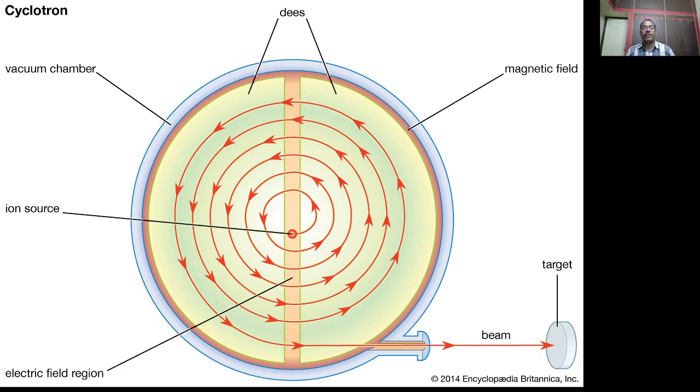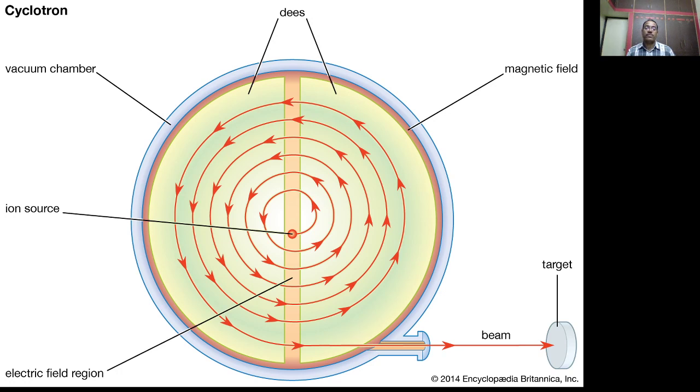in a series of rotations the charged particle is accelerated and rotates in a higher orbit, and finally the high energetic charged particle is taken out from the Ds by a target given a very high negative potential.